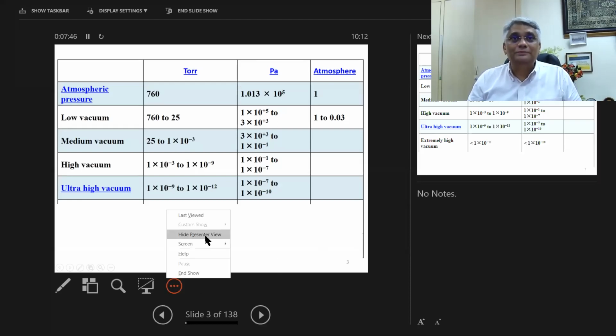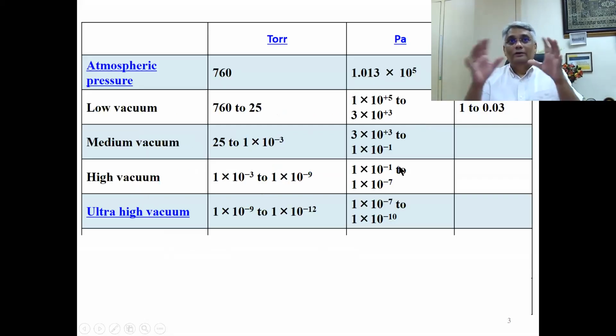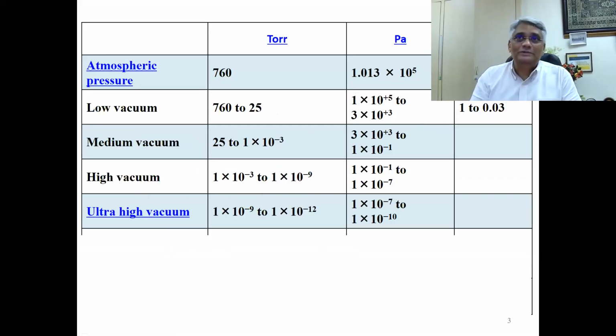This is absolutely important. So that's where the design aspects of the vacuum chambers come into picture, and designing chambers that can withstand high vacuum levels is a costly process, and also one requires a lot of technique.